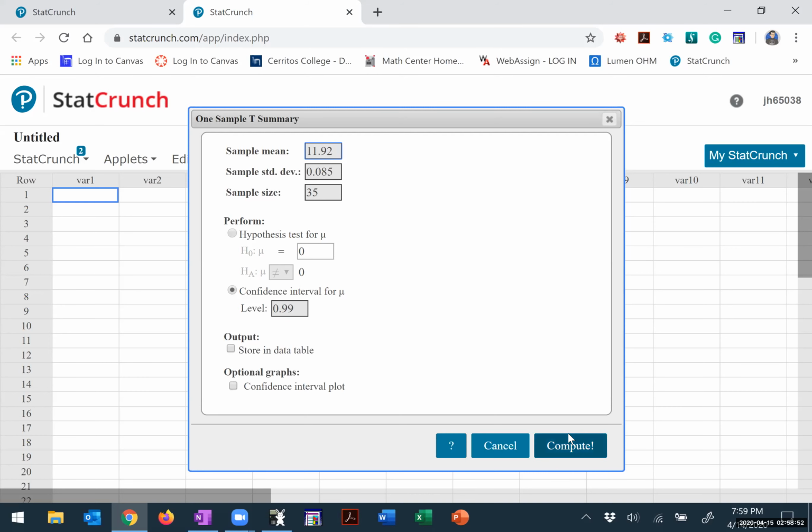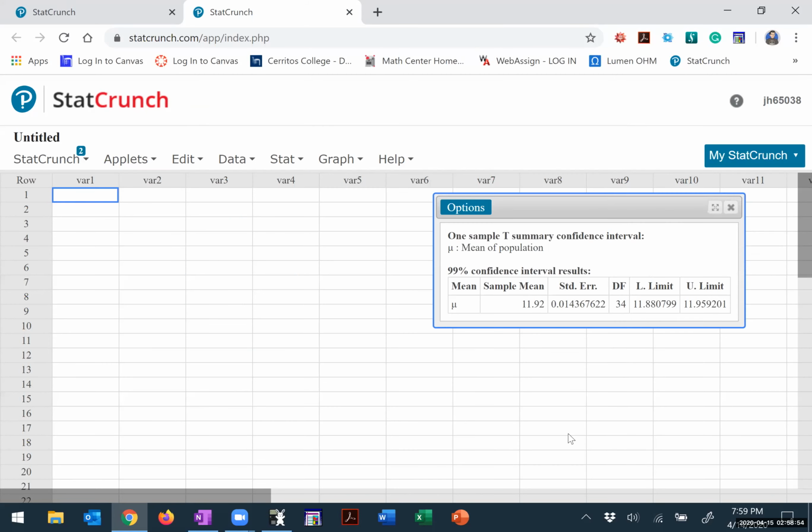Then I just click compute. And it tells me that my lower limit is 11.88 and my upper limit is 11.96. Okay, so it was 11.881 and 11.959. So there you go. Yes, I knew there was an easy way to do this. I just forgot temporarily where it was located.